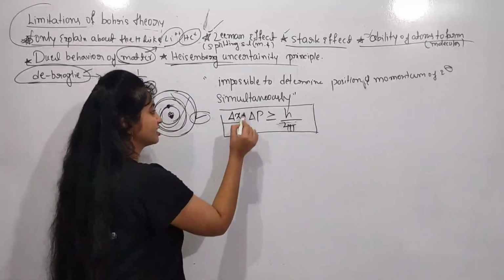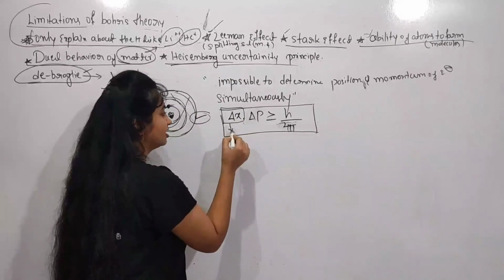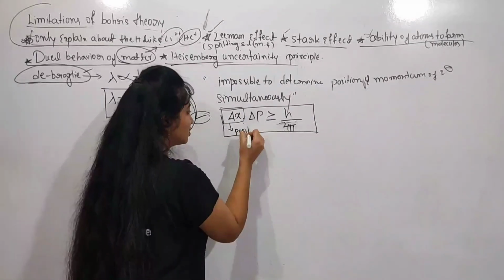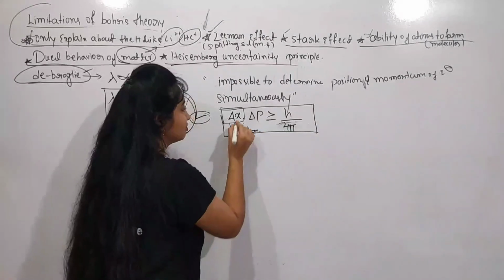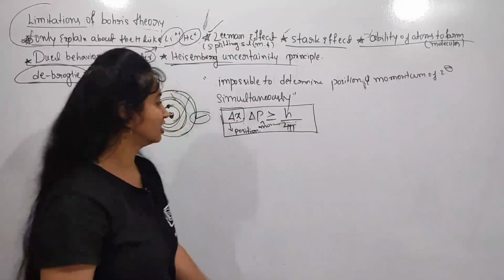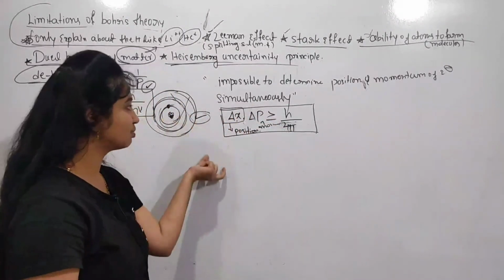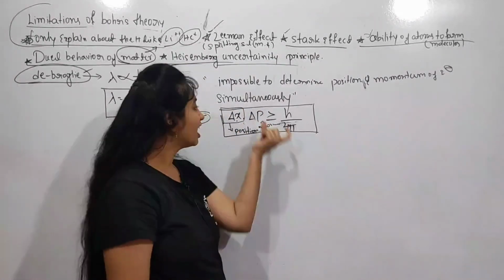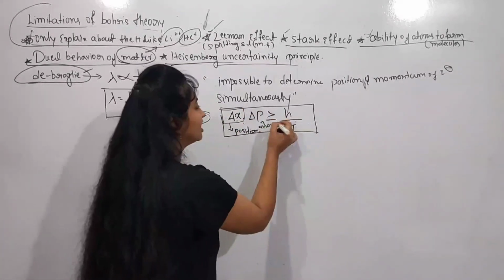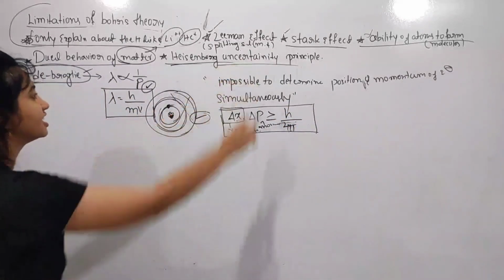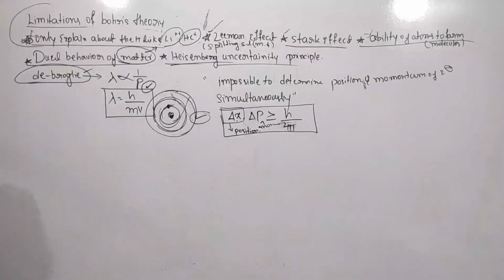Here x denotes the position and p represents the momentum. The product of the change in position, or error in position, and the change in momentum, or error in momentum, is greater than or equal to h divided by 4π. So this is the Heisenberg uncertainty principle.